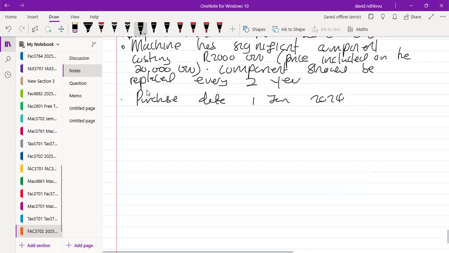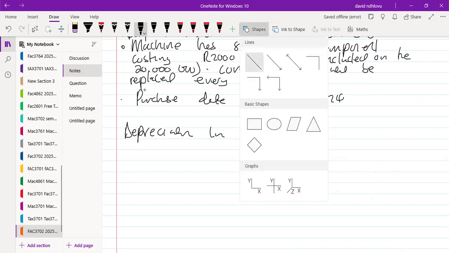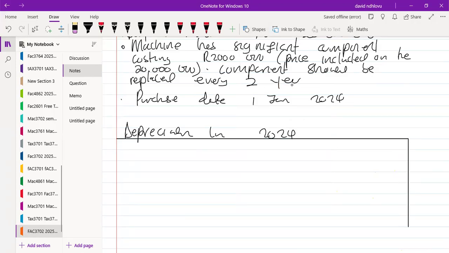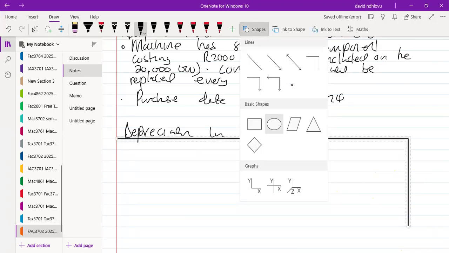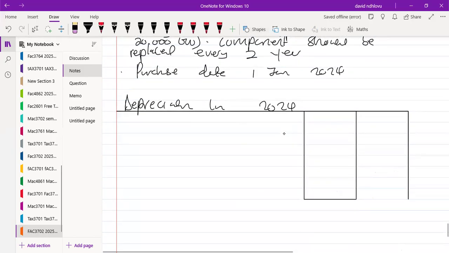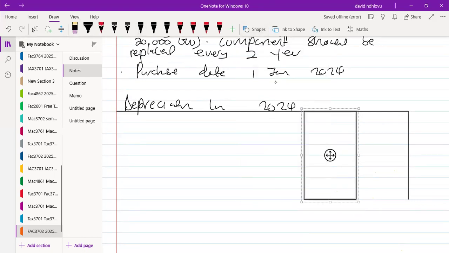How do we account for depreciation? So let's calculate depreciation in 2024. When we want to calculate depreciation, we are going to have a structure like this for the calculation of depreciation. We're going to need 3 columns here.